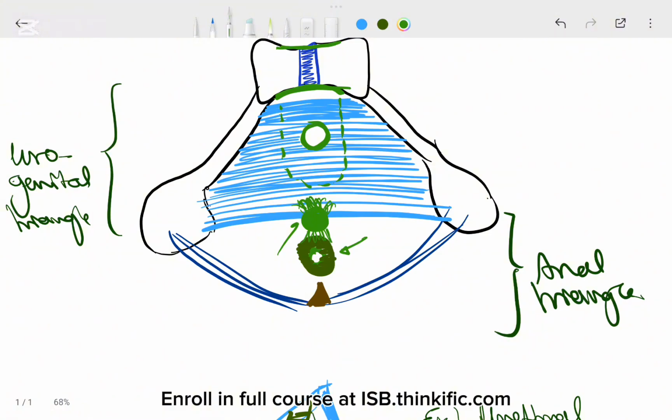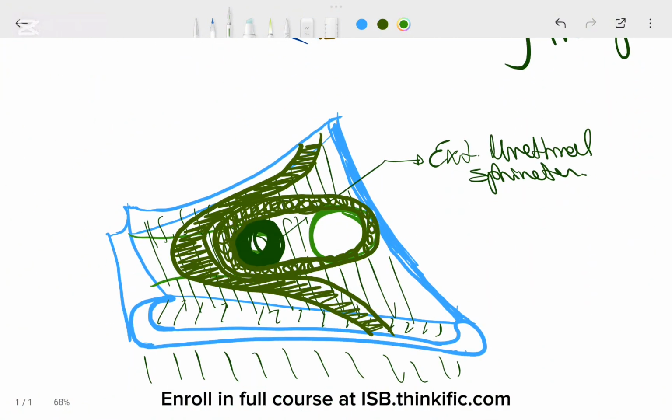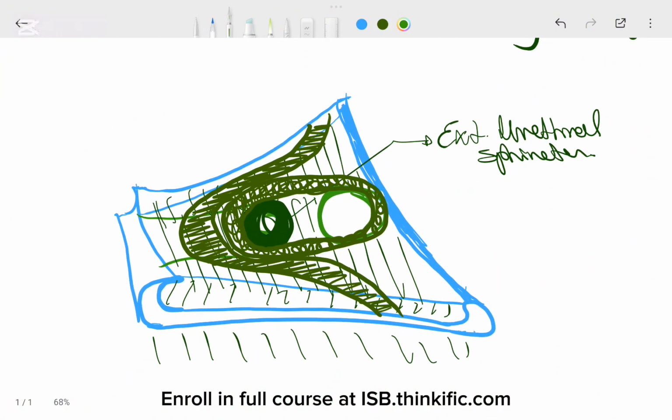All right. So the details of these muscles, as origin and insertion, are not very important for the exam, I think, but I'm just going to say them for completion. Okay. The external urethral sphincter, let's begin with this one first. Some part of it, which you cannot see in this diagram, originates from the inferior pubic ramus on either side.